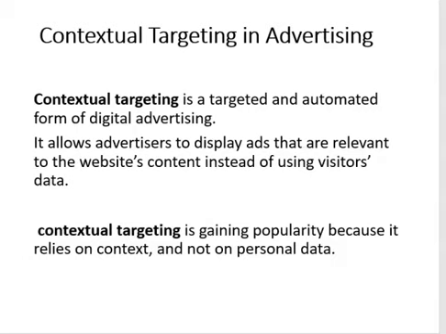And there are several types of contextual targeting methods that businesses can use to run those ads. When we start looking at these things, it tends to explain to what extent people are interested in something called contextual targeting.